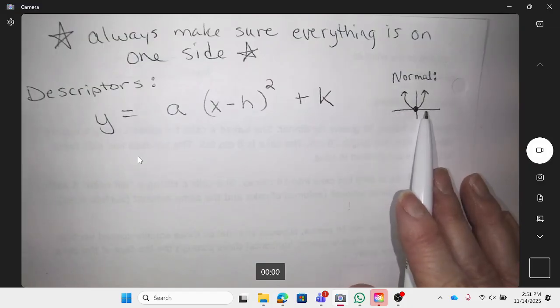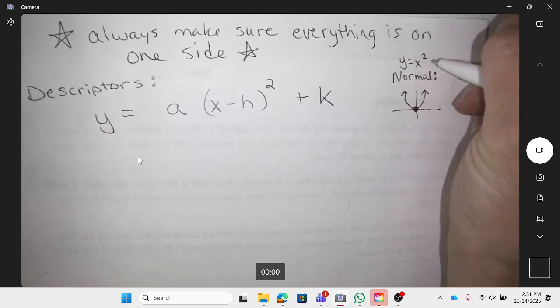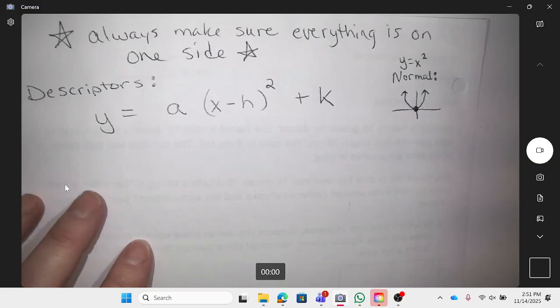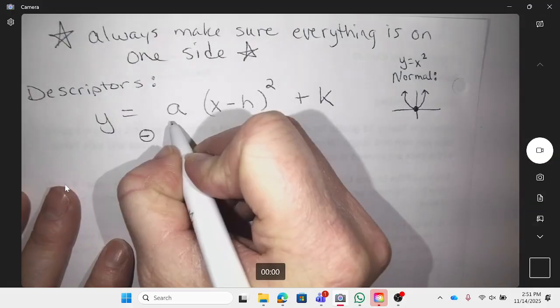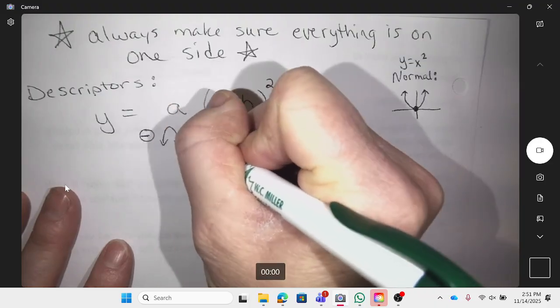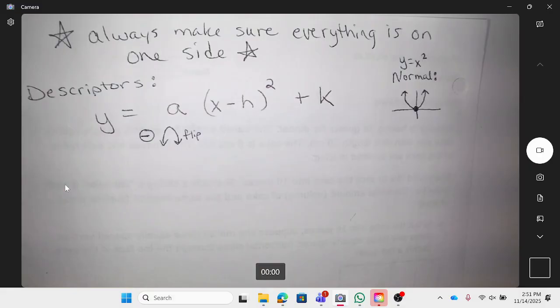Just x squared. Just x squared. Okay, so this multiplier in front of the x squared. So if I have something x squared, well, if this is negative x squared, it will do what? Flip. Right? If I do negative x squared, it gets a flip.